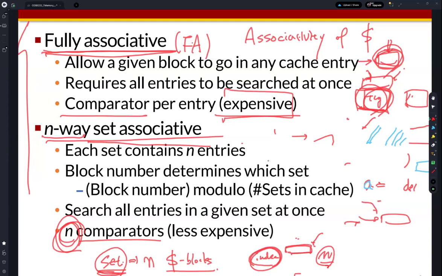But in an n-way set associative cache, we can store n cache blocks. So we can avoid some data eviction, like in this for loop iterating over A and B, where A and B are mapped to the same index in the cache.